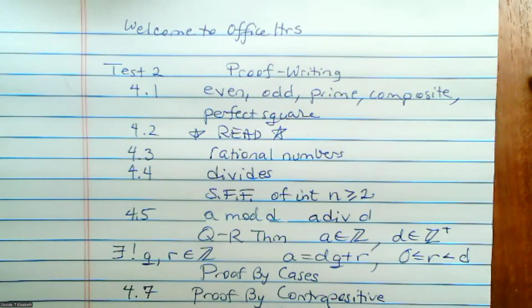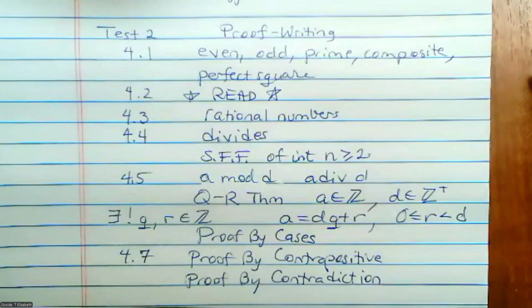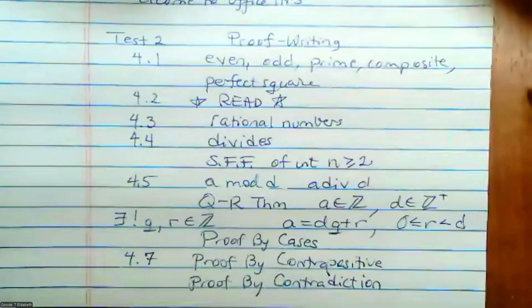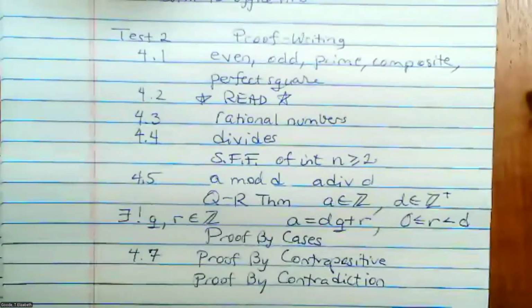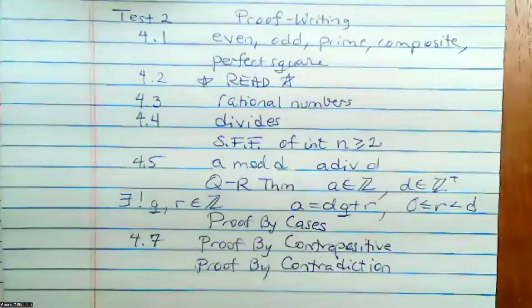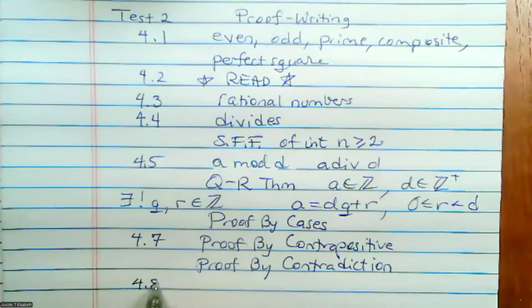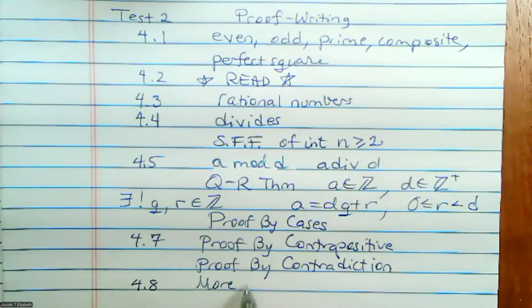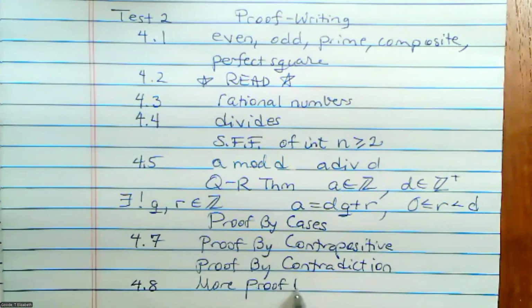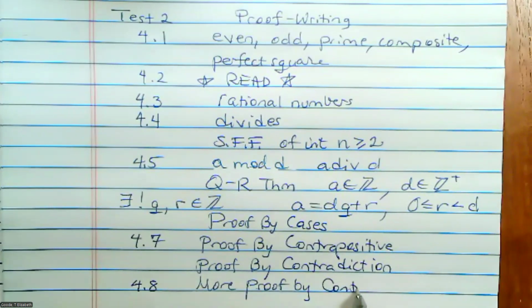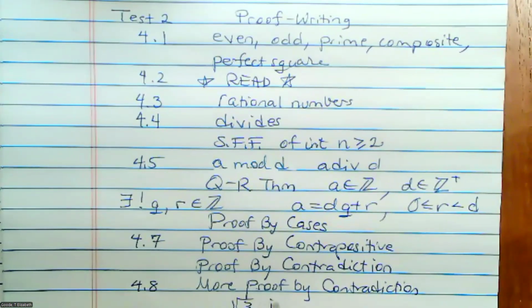We didn't cover 4.6. And then 4.8 was more proof by contradiction, and that the square root of 2 is irrational.